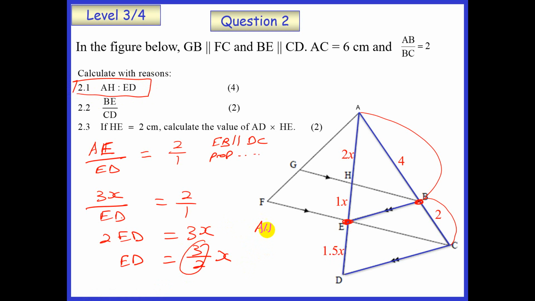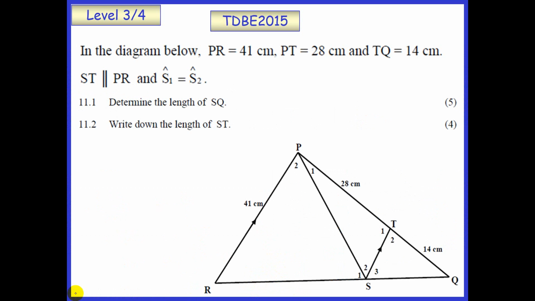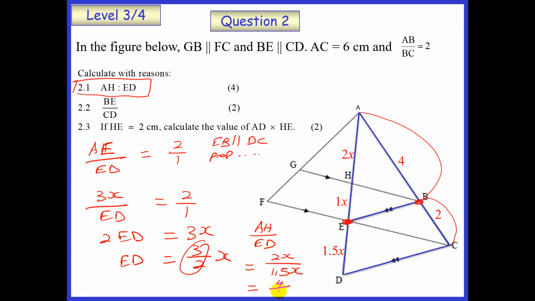So if we look at AH over ED and work with our x component, AH is 2x, and over ED, which is 1.5x, and then using your calculator you can simplify, or you could have used 3 over 2, and that will give you a ratio of 4 over 3, and that translates to a ratio of 4:3. I hope that makes sense to you.